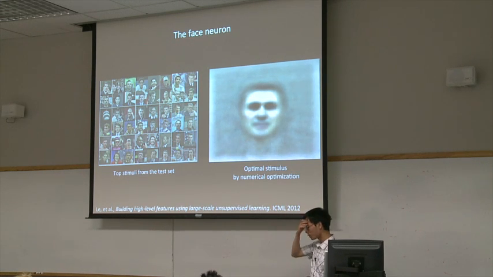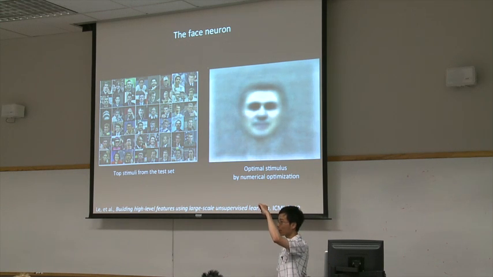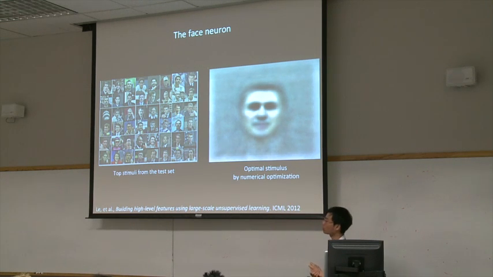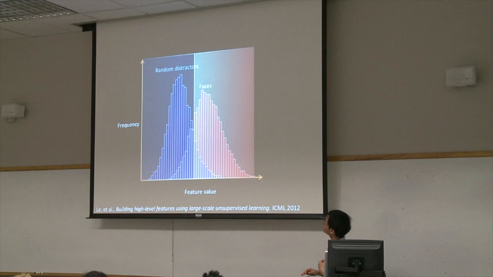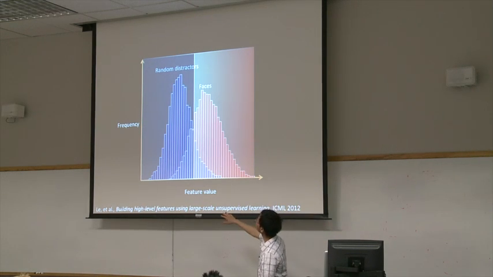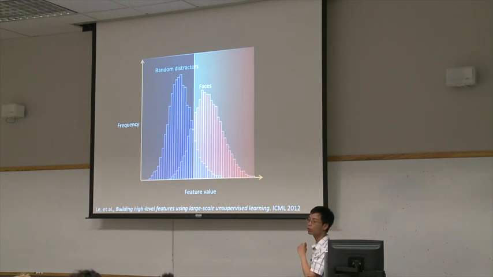And we also said, oh, maybe we were lucky. So we hold the value of the neuron and perform optimization from a random image with respect to the image, doing gradient ascent on the image. Then we visualize what it likes to see, and it turns out that it also likes to see a face. When we do more analysis, we give random images to the network and then face images to the neuron, and the histogram is very distinctive.